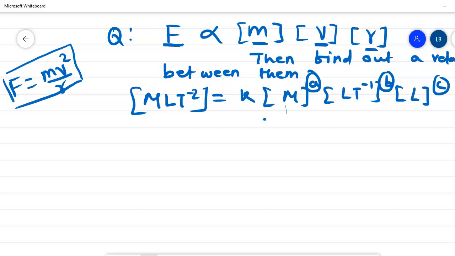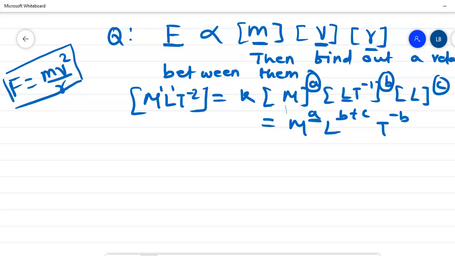So just expand this. I am expanding M to the power a, L to the power b, L to the power c, so L to the power b plus c, and T to the power minus b. Now I have to compare. Directly I am getting a equal to 1, because M to the power a is there, and here M to the power 1 is there.